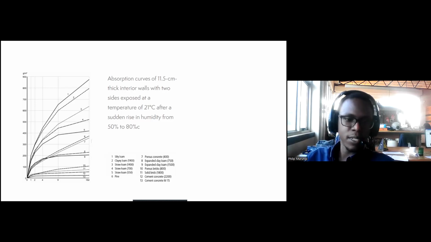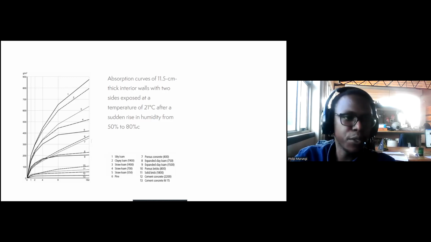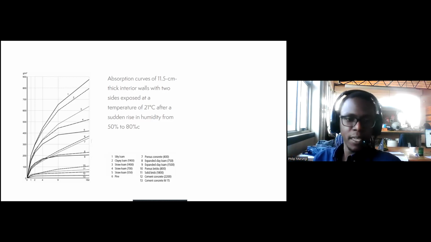Then porous bricks, and it keeps getting better until we come to earth, the best. Between earth and clays, by mixing straw into the earth, you get much better behavior than bricks, but still not quite as good as earth right at the top.